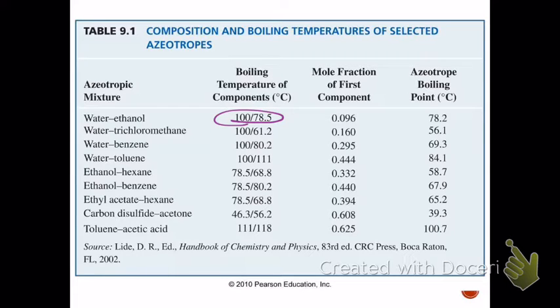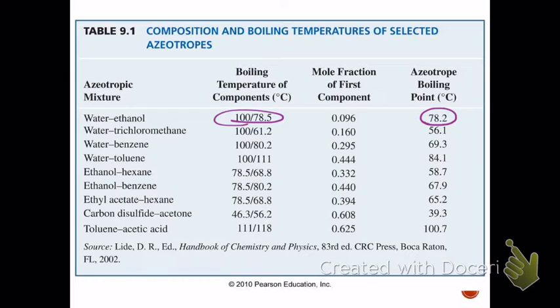For example, the water ethanol mixture seen here, 100 degrees, of course, is the boiling point of water. The ethanol boiling point is 78.5. We'll note that the azeotrope has a boiling point of 78.2. Notice, of course, that the boiling point of the azeotrope must be lower than the boiling point of either of the substances in their pure state. That makes it a low boiling azeotrope.